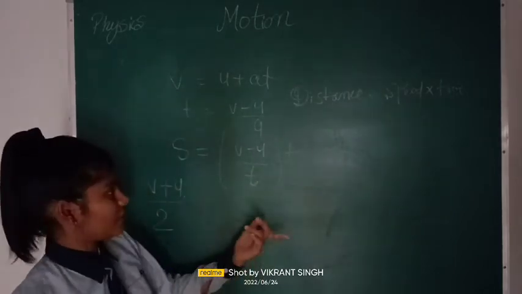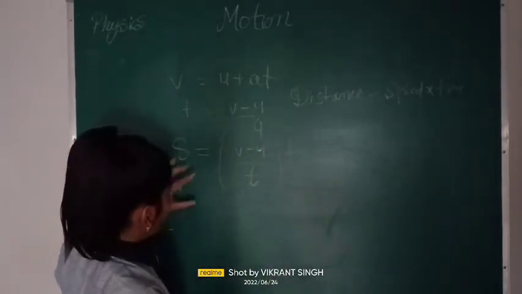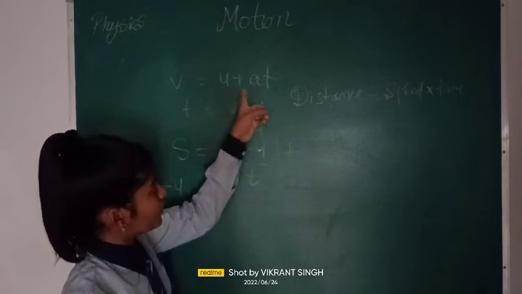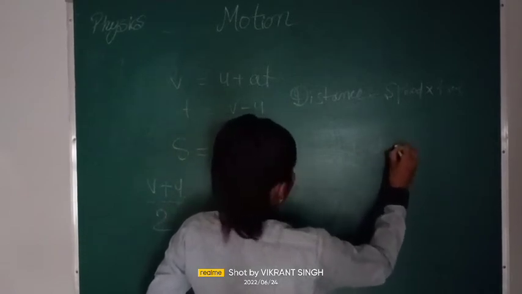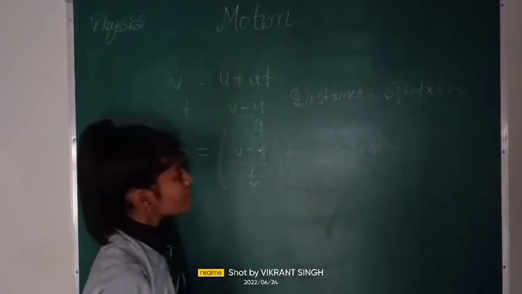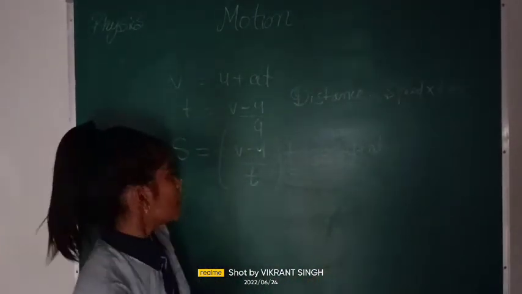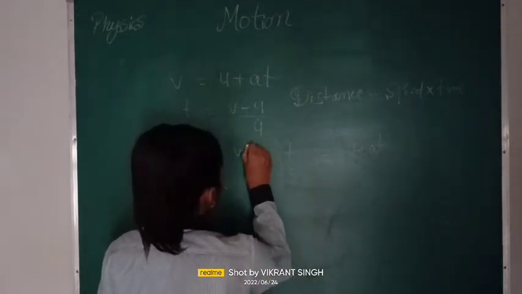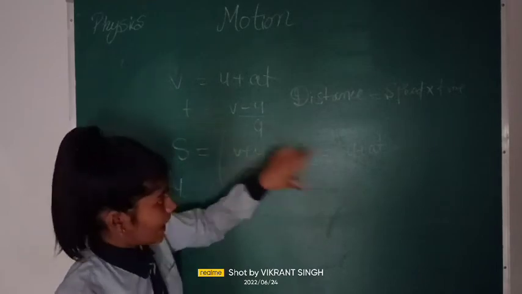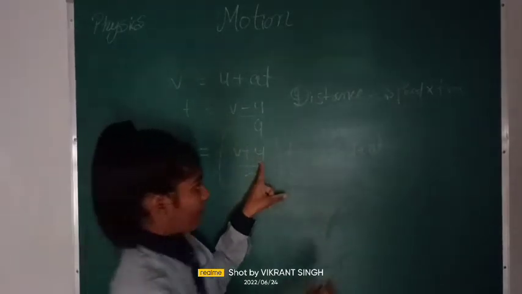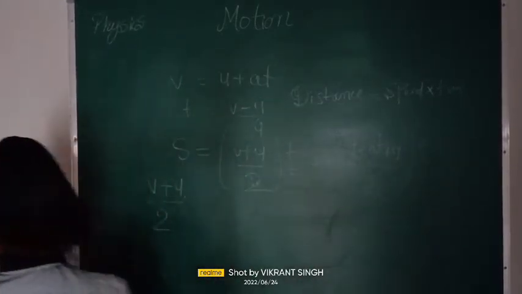If we solve this further, if we put the value of v from the first equation, that is s equals u plus at, plus, now here if we put the velocity v plus u by 2, so we will use v plus u by 2. Now in v plus u, we have put in the value of v, that is u plus at, then u left plus u by 2, then t.